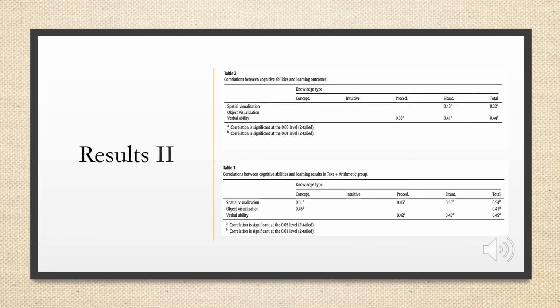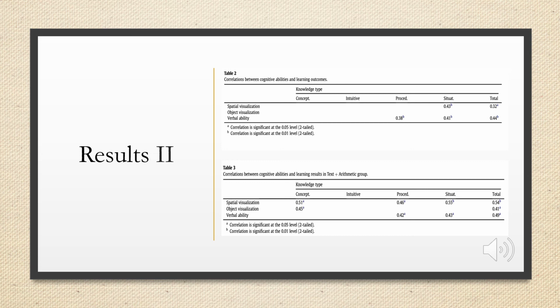Table 2 shows the correlations between cognitive abilities and learning outcomes. There were some moderate correlations between spatial visualization and spatial knowledge, and between verbal ability and situational visualization. Other correlations found that verbal ability and procedural knowledge were related. Table 3 shows the correlations between cognitive abilities and learning results.